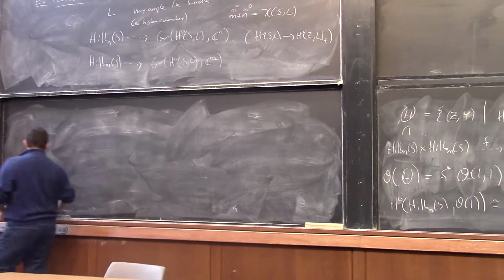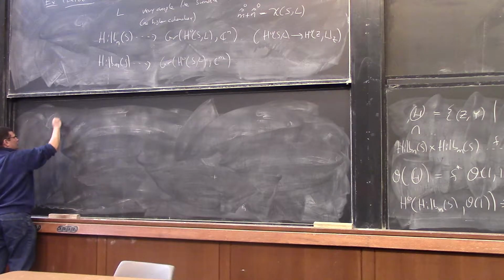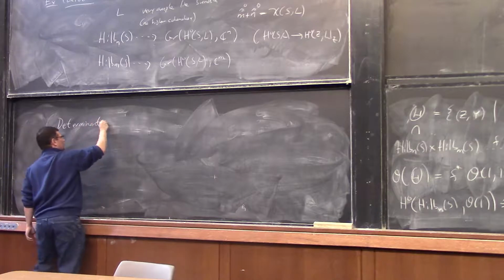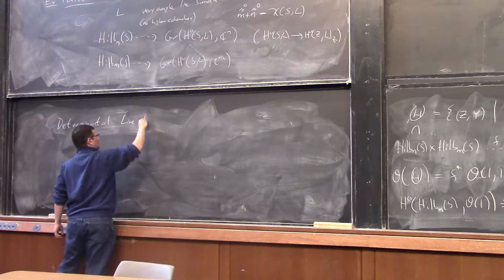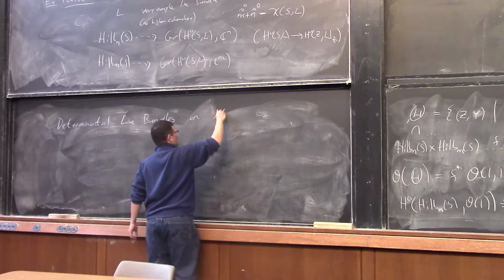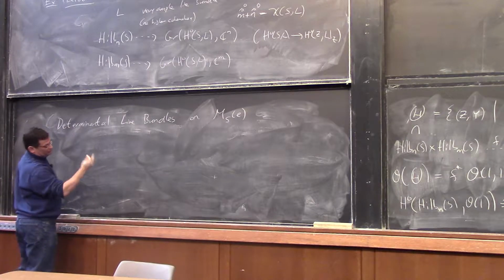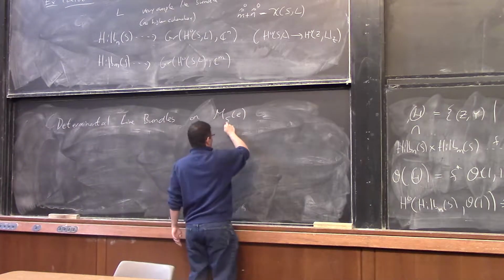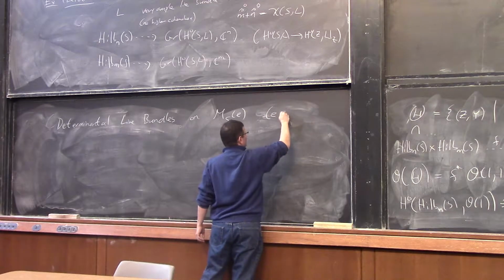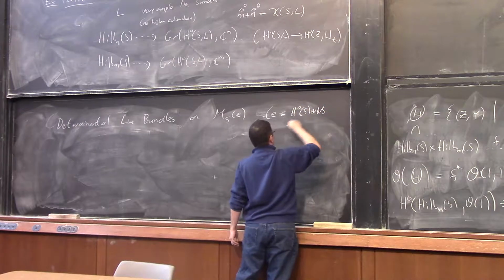Let's see what they have in common. So what I want to do is talk about two constructions. I want to talk about determinant line bundles on moduli spaces of sheaves on the surface with a fixed E. So E is inside of H naught of S plus, it's a Chern class.